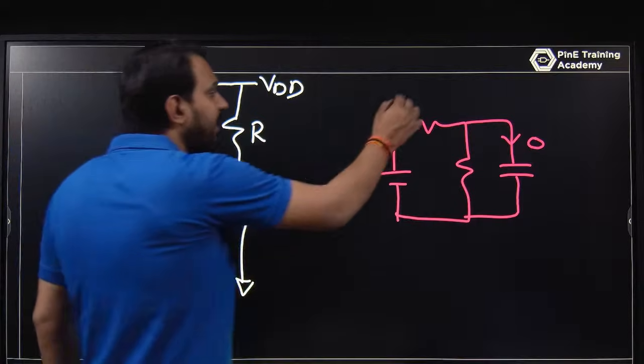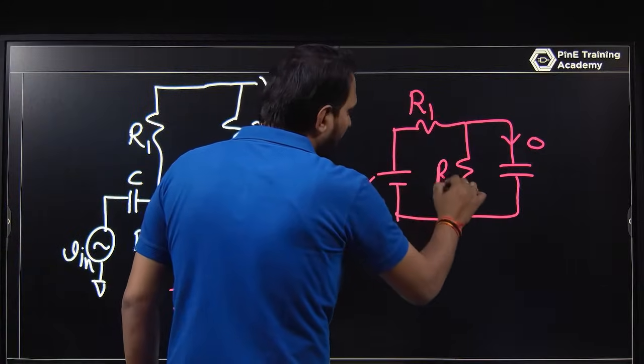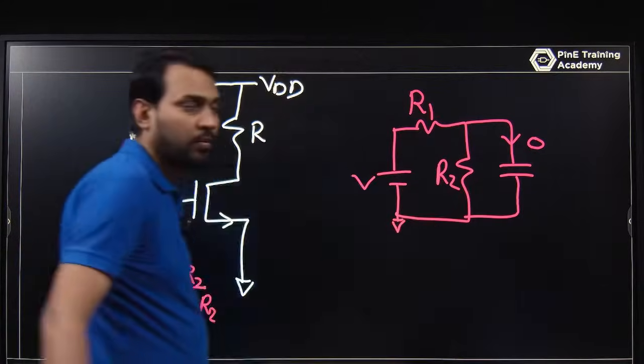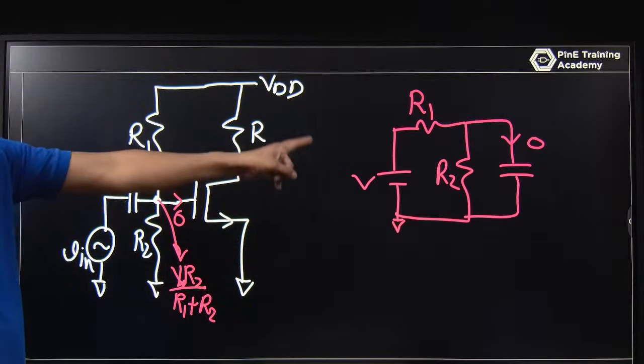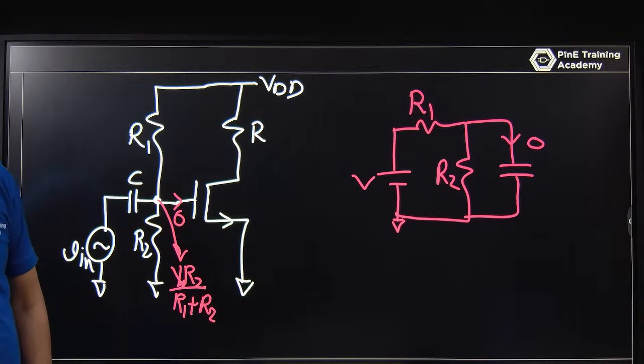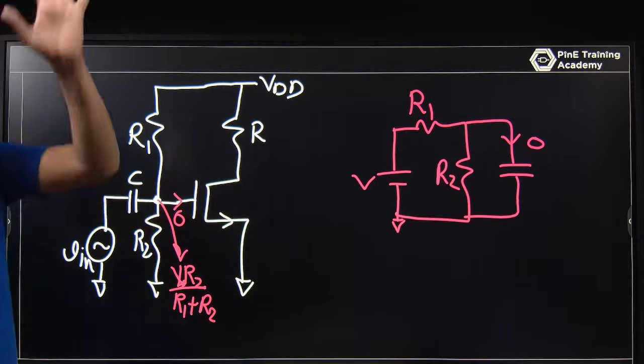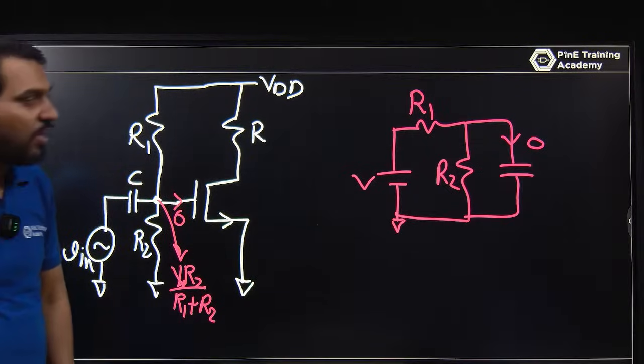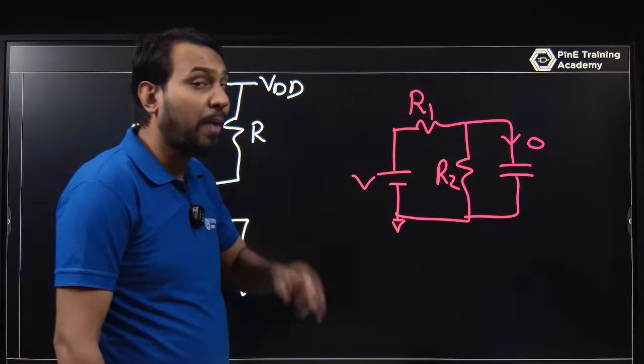The voltage will be decided by R1 and R2, and the current through the capacitor is zero. Whenever the current is zero, you will find the maximum voltage. If the voltage is zero, you will find the maximum current through it.